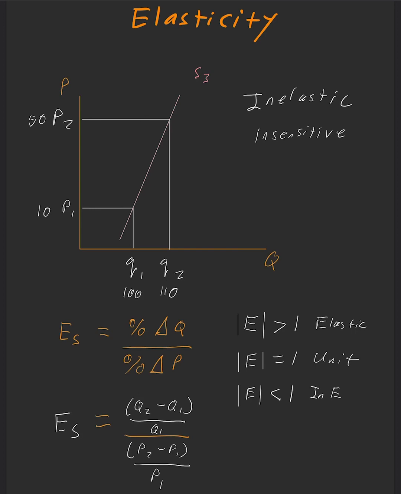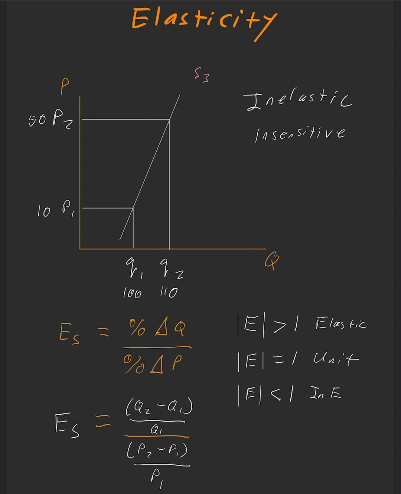For addiction, drugs, cigarettes might have a very inelastic demand curve. We'll see that the bigger the price change for something that people want to consume, but the less they respond to it, the more inelastic they are.